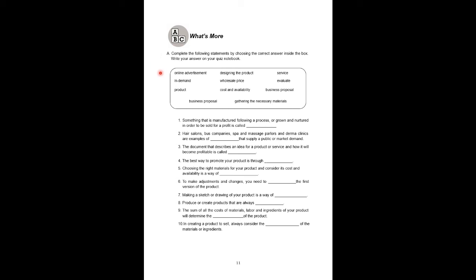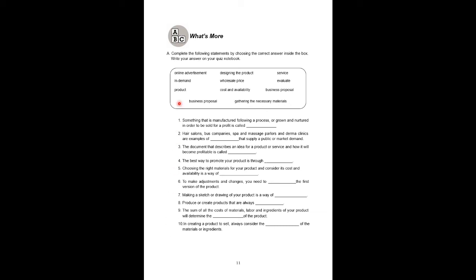We have here online advertisement, in demand, product, business proposal, designing the product, wholesale price, cost and availability, gathering the necessary materials, service, evaluate, business proposal. So we have here 10 sentences for you to complete.